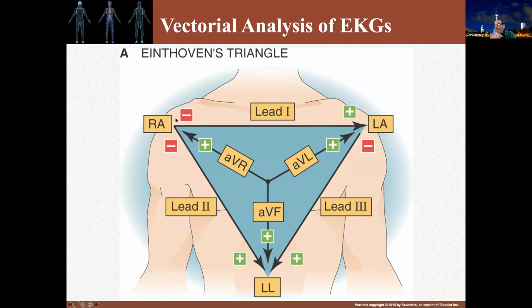Lead 2, right arm negative, left leg positive. Lead 3, left arm negative, left leg positive. And in the augmented leads, in AVR we have right arm positive, AVL left arm positive, AVF left leg positive.